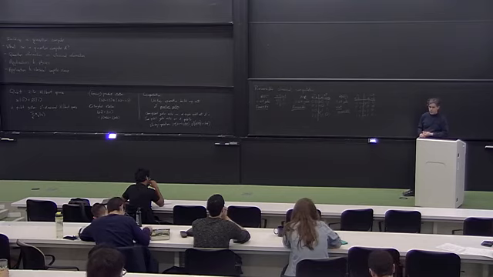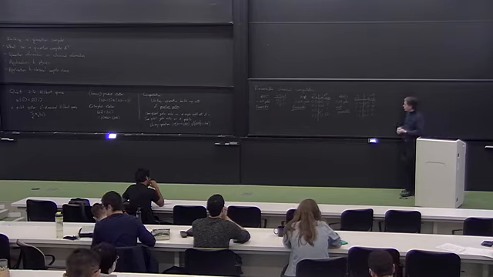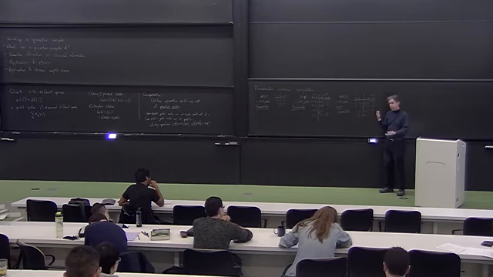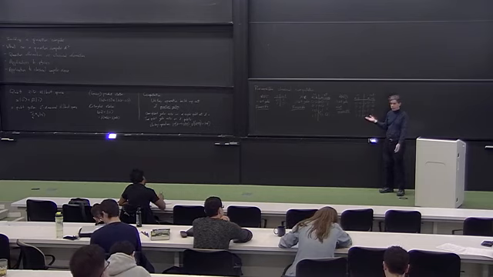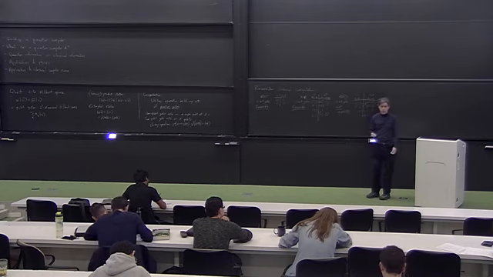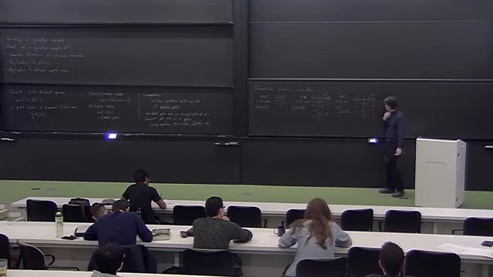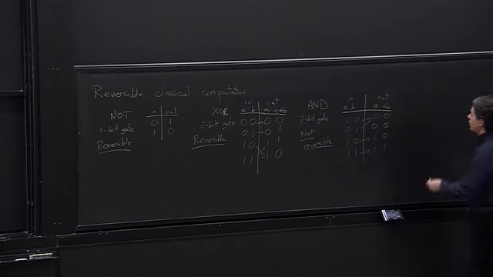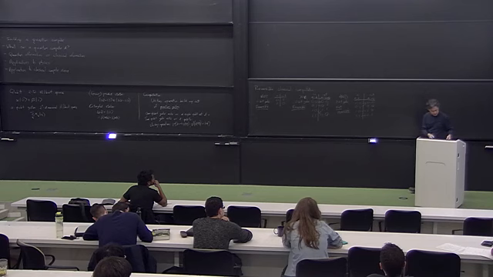OK? So what are we going to do? Because obviously, if we want to build reversible classical computers, we still need to be able to do something like an AND gate. Otherwise, we'd be very limited to what we can do, only doing things like NOT and XOR. And it turns out the solution is to not make it a 2-bit gate, but to make it a 3-bit gate. So this is the Toffoli gate.